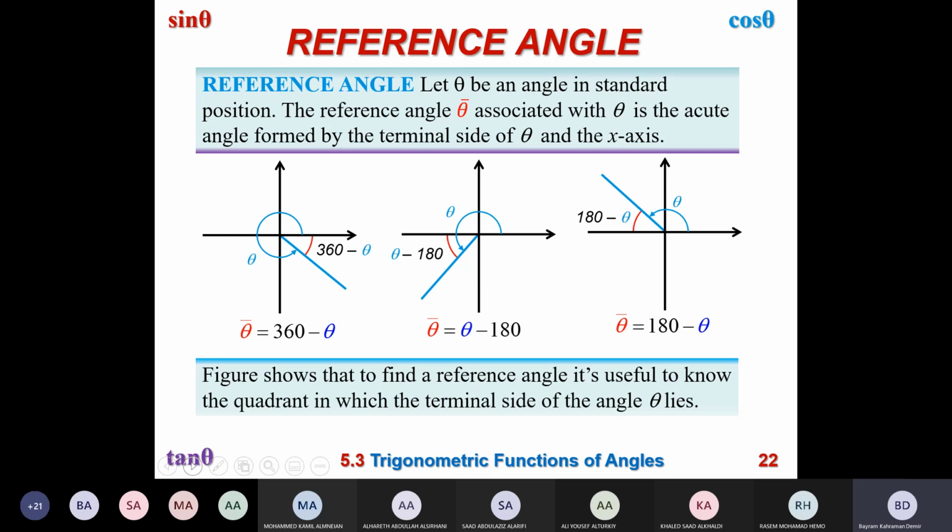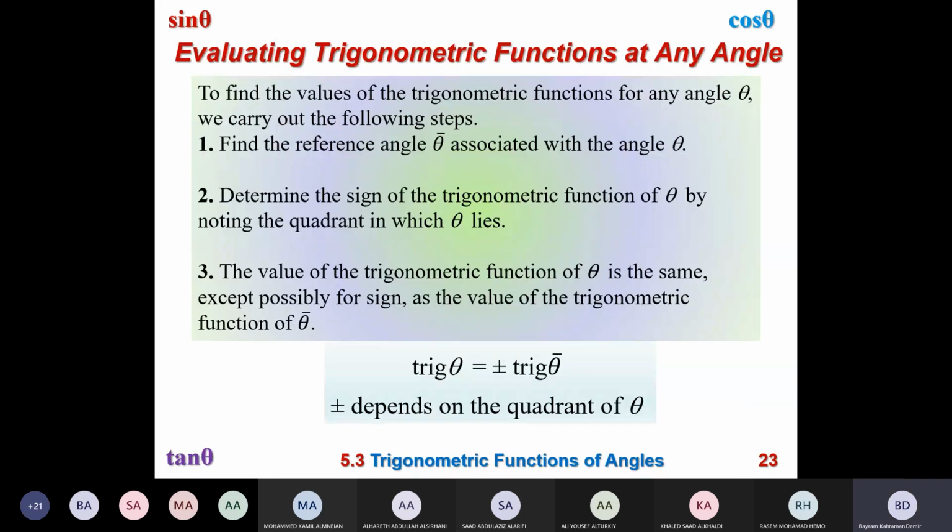So here, as I explained in the previous slides, is how to find the reference angle depending on the locations. Let's continue with the calculations. Here are the steps. If you have an angle within one rotation, less than 2 pi, first you need to find the reference angle.